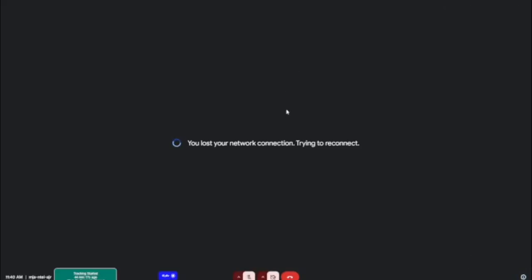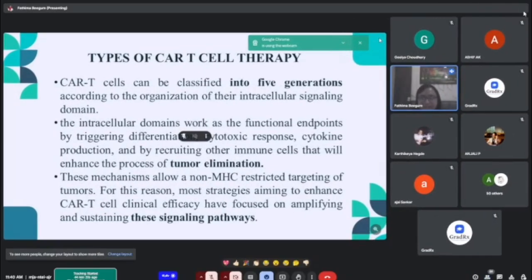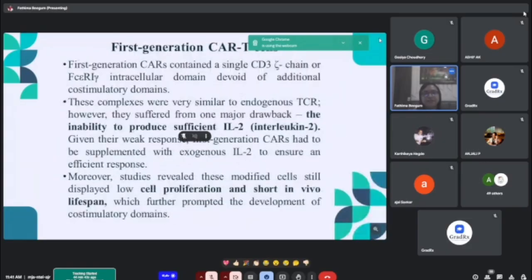Coming to the types of CAR T cell therapy, there are 5 generations. These are based on tumor elimination and are associated with various signaling pathways. The intracellular domain always works as the functional endpoint for this classification, and the mechanism of CAR T is mainly an MHC-independent signal cascade.